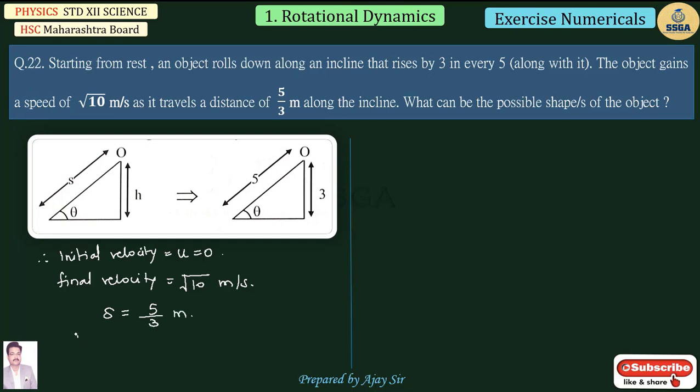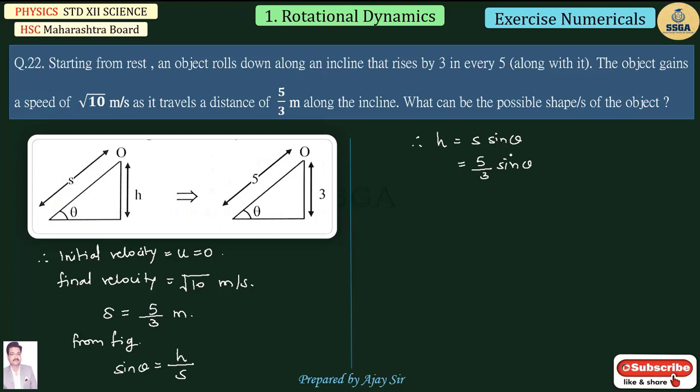So from the figure, what is sin theta? Sin theta is equal to h by s. Therefore h is equal to s sin theta. Now we know that s is 5 upon 3 into sin theta.